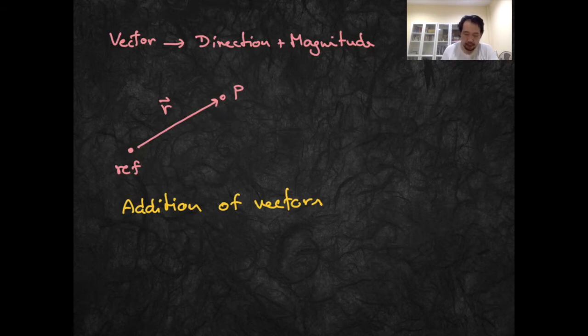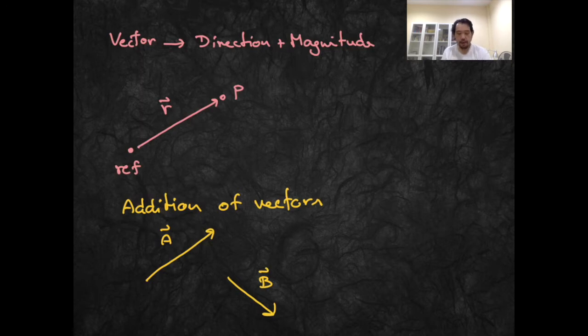Okay. Now, if we have two vectors, if you have a vector from one point to another point, and if I call this a vector A, and we have another vector B, B is not necessary to be near A. It can be anywhere. We have vector A and vector B like this. And we want to add these two vectors.